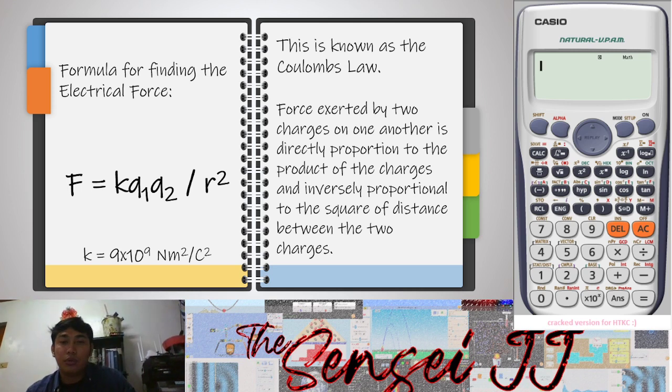Okay, so if you want to remember our Coulomb's law, just refer to our formula. F is equal to K Q1 Q2 all over R squared.